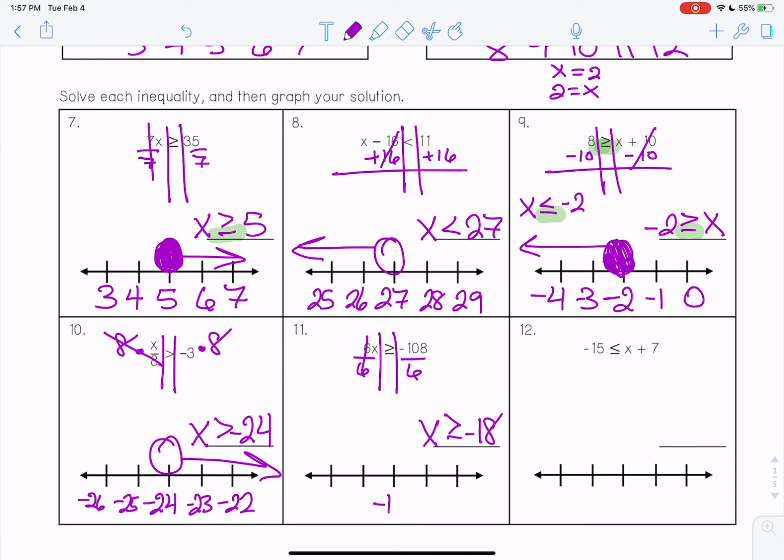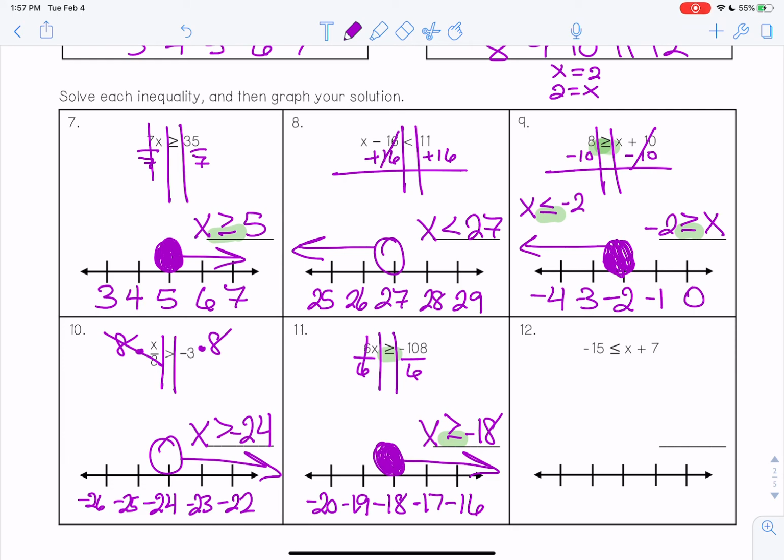Now I'm going to graph it, and I'm going to put a couple that are bigger and a couple that are smaller. I put my bubble on -18. We do have the equal sign, so my bubble's going to be filled in. X is bigger than -18, so X is all the numbers bigger than -18. My arrow is going to go to the right.